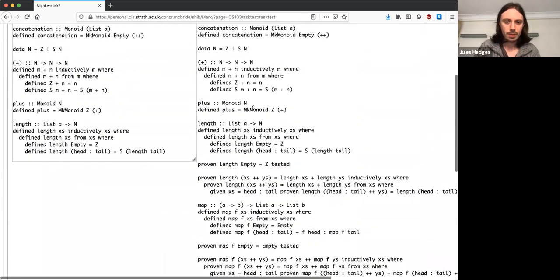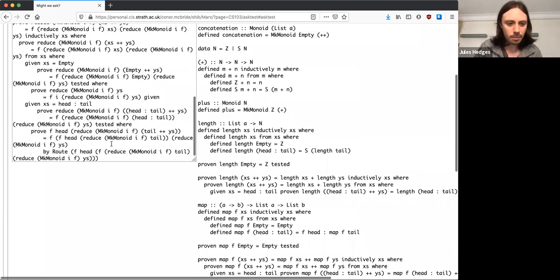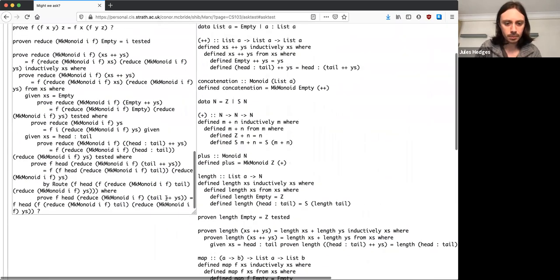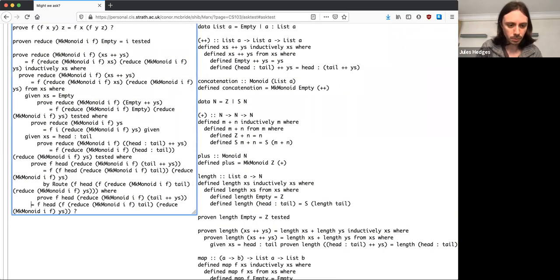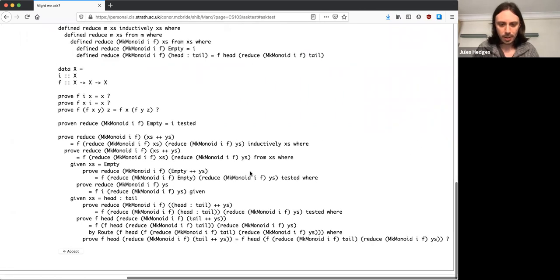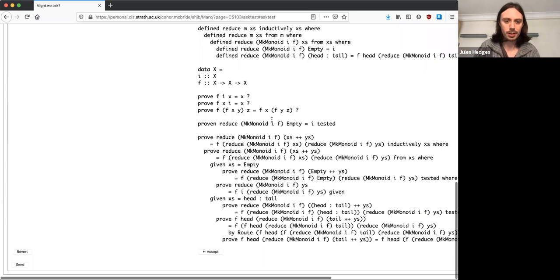Now, this by root has two different subgoals. Ask has handled one of them automatically. If you look at the thing that we're being asked to prove now, this is exactly the fact that substituting the inductive hypothesis into the left-hand side of this equation was actually valid, and we can just do this by under f, because both of these sides have the form f head something, and then the somethings are equal by the inductive hypothesis.